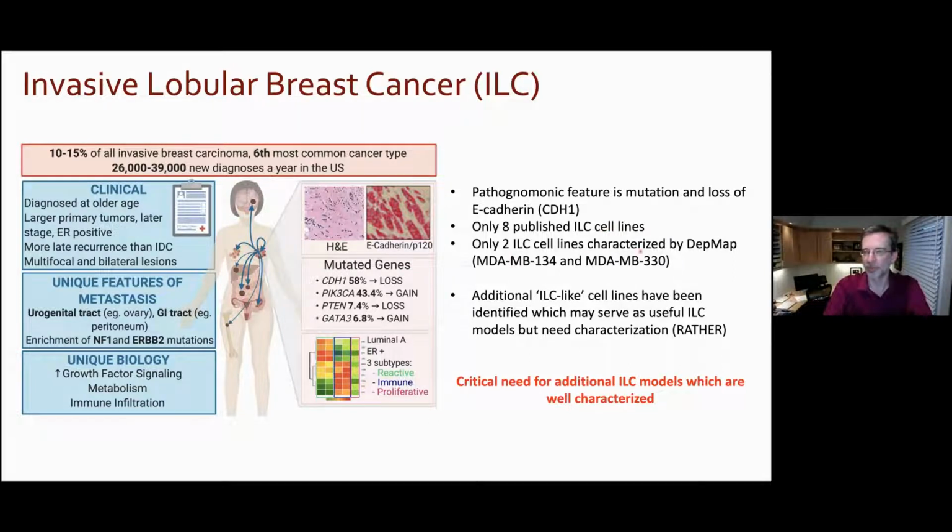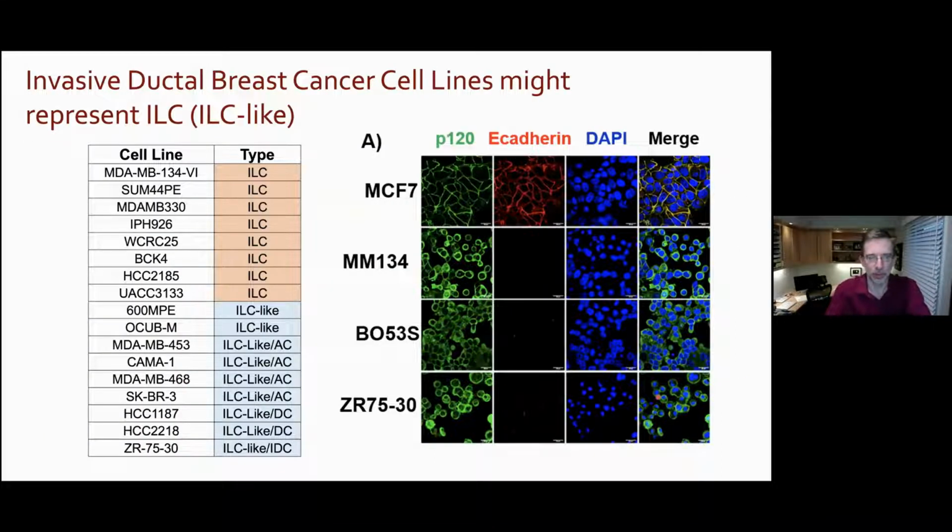And only 2 of these have been characterized by DepMap. There are, however, additional ILC-like cell lines that phenocopy ILC, but aren't called ILC. They're annotated as invasive ductal cancer, or IDC. And we believe there is a critical need for additional ILC models and have many studies underway to do this. And I'll explain how we're using BioNano optical mapping for that.